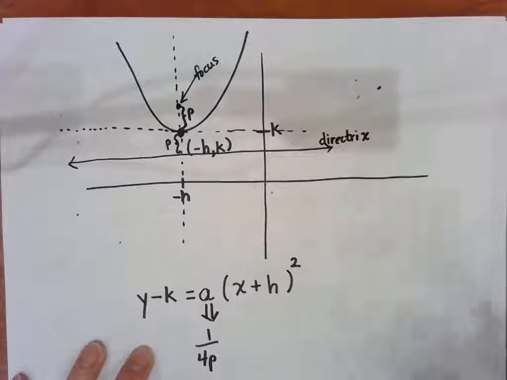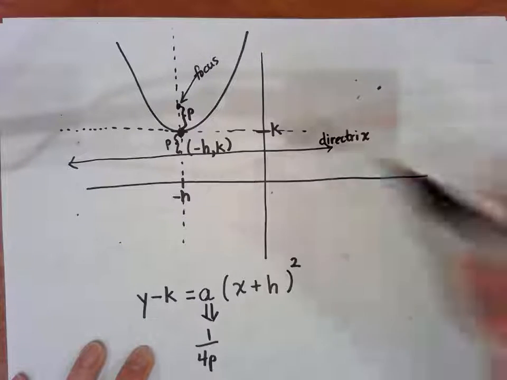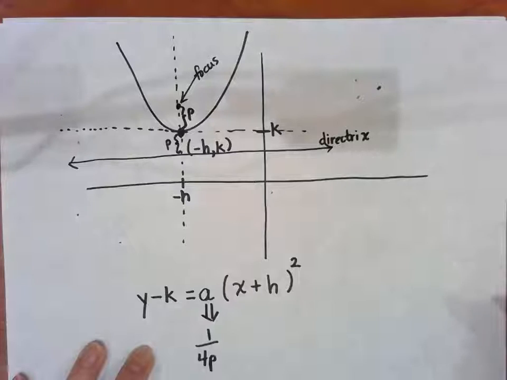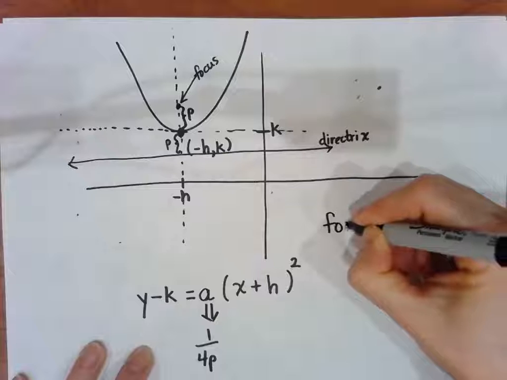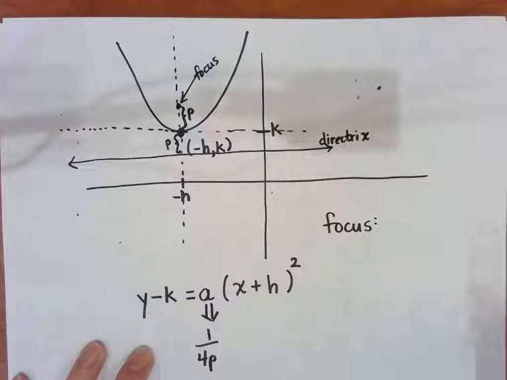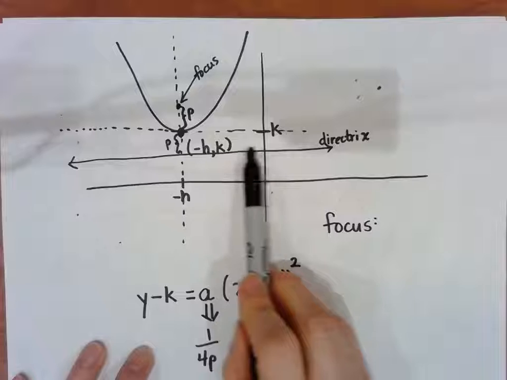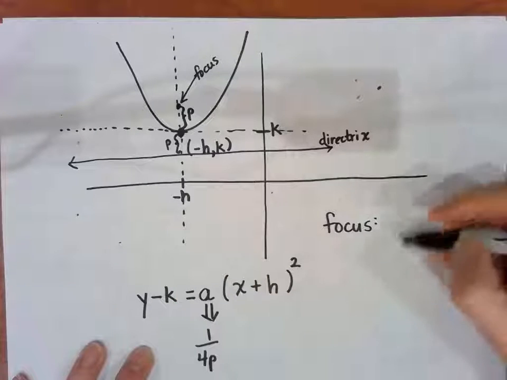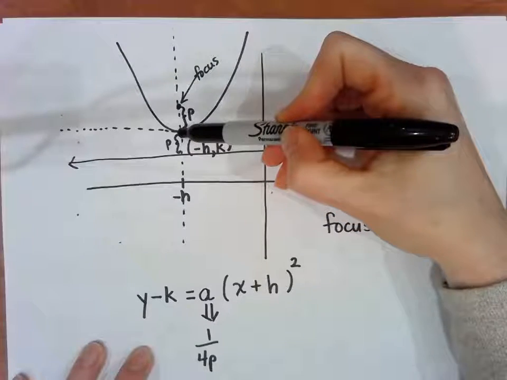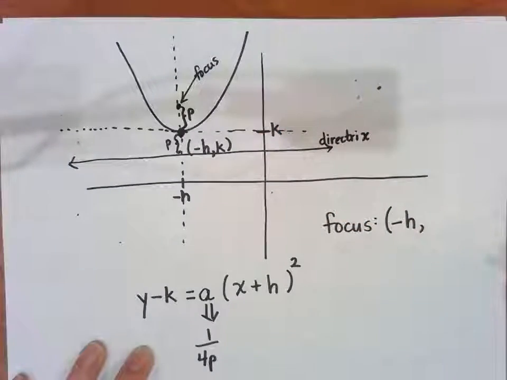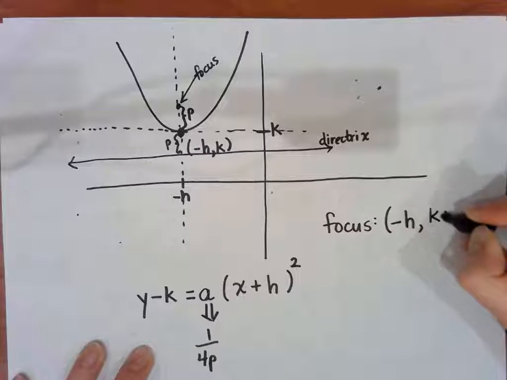Now, of course, we need to look at what the coordinate would be, because it's shifted as well. So the focus in this particular instance goes out to -h. That's that line of symmetry. And then it's up k units, and then it's up another p units. So the focus will be at k plus p.